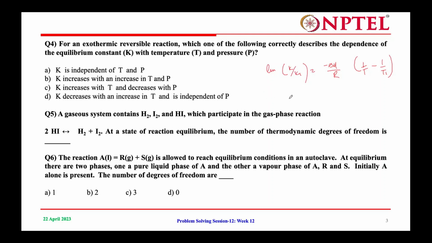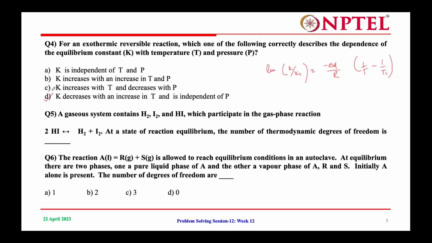And for an endothermic reaction, delta H is positive, so K increases with increasing temperature. So for the exothermic, K decreases with increased temperature, and it is independent of the pressure.